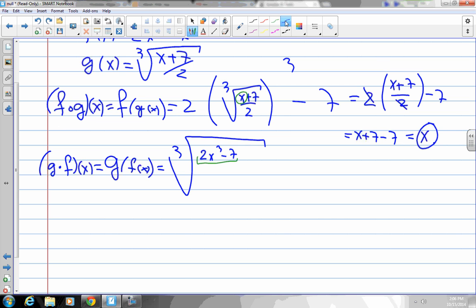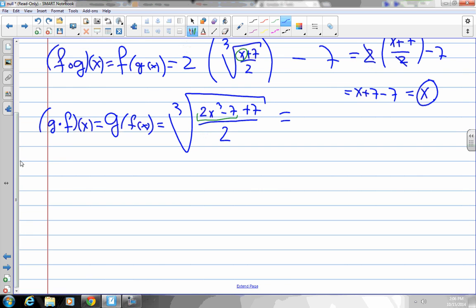But then I continue with a plus 7 over 2 under the root. So 7 and a 7 cancel. We're left with a cube root of 2x cubed over 2. 2 and a 2 cancel, so that leaves us with a cube root of just x cubed, which is x.